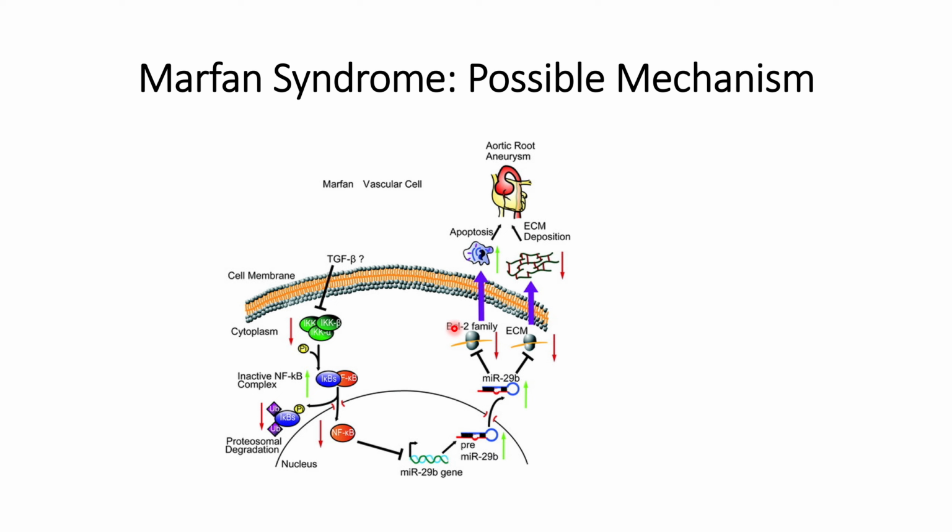This has led to this kind of hypothesis. If you need to understand more about this signaling pathway and how they came to this hypothesis, you can go through the reference provided in the description.